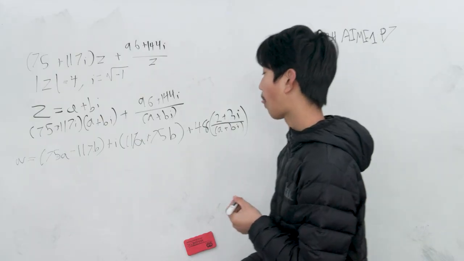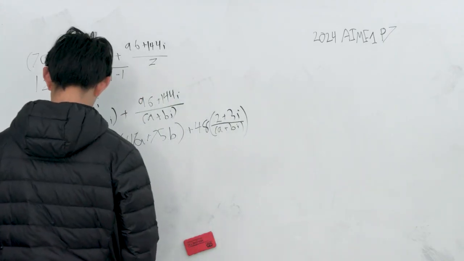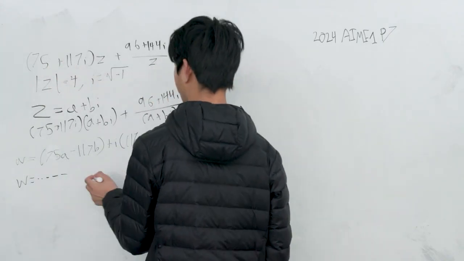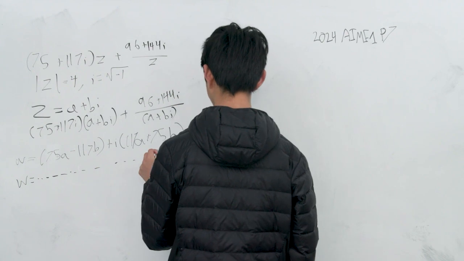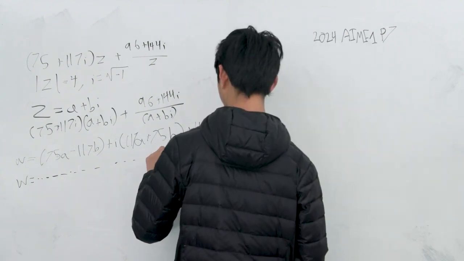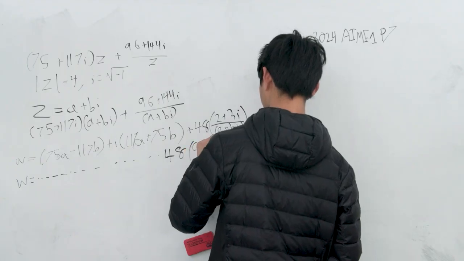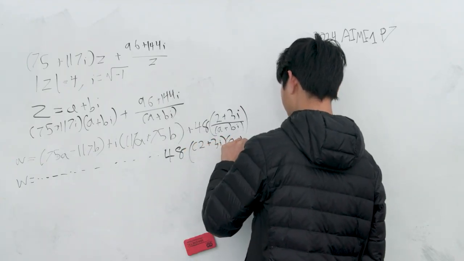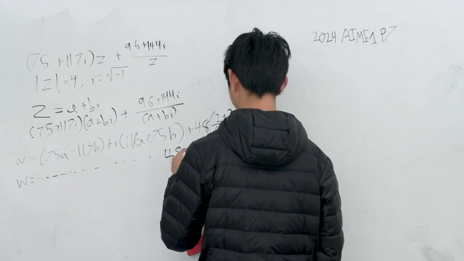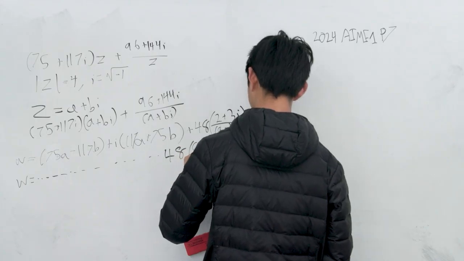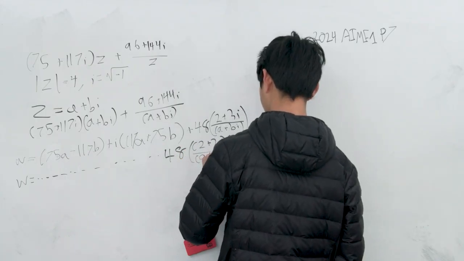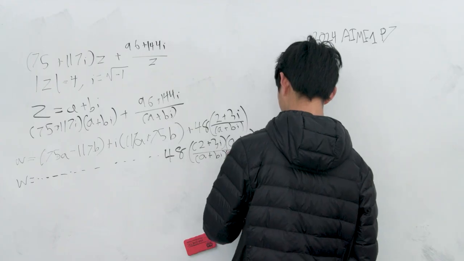I don't want to write all of this out again because it's the same, but right here, if we do 48 in the parentheses (2 plus 3i) times (a minus bi), and then divided by (a plus bi) times (a minus bi).